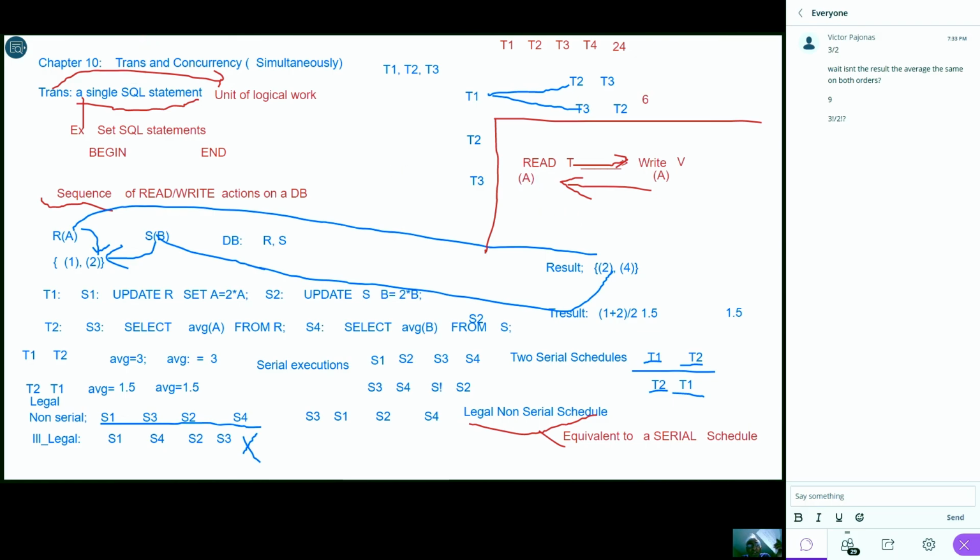And the same situation happens when one is writing.